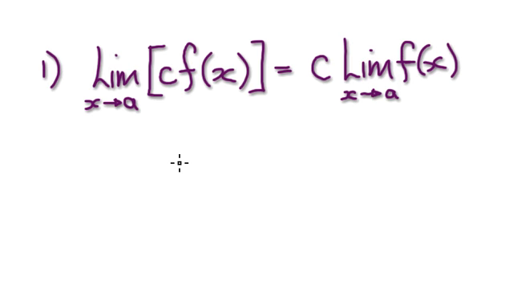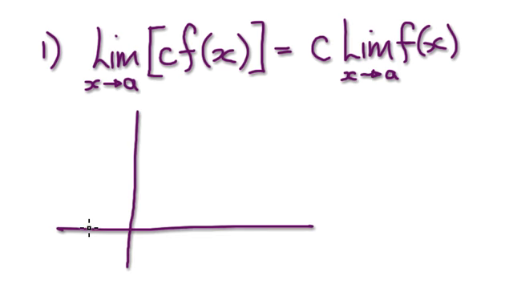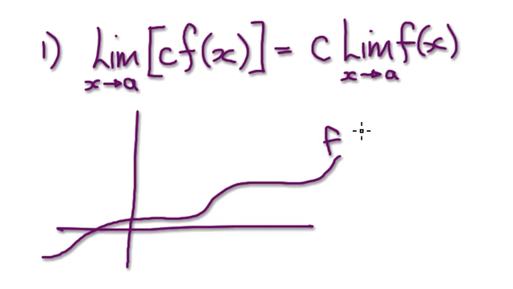Now, if you look at this, let's draw a graph. Let's say you've got a function, any function, something like this. So this here is your f of x. Now, if you times by c, it means you stretch. Let's say this point here is 2, and when you times by c, let's say c is 3, that would take you to 6.